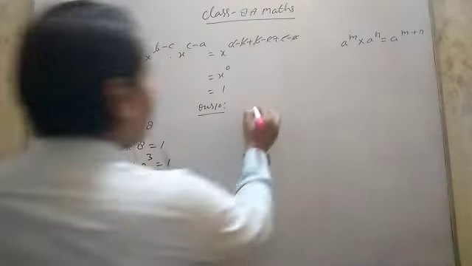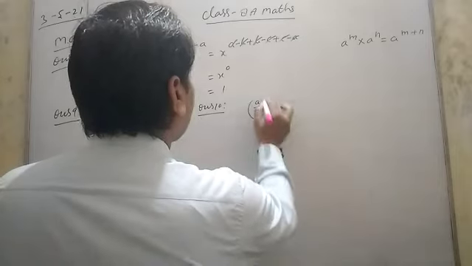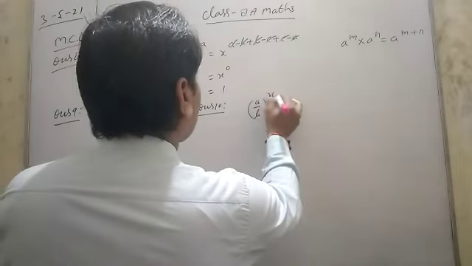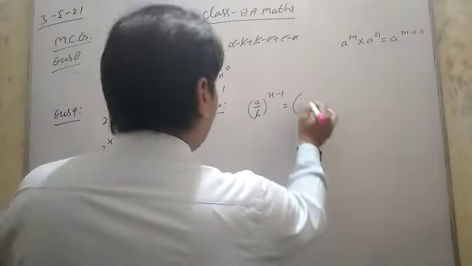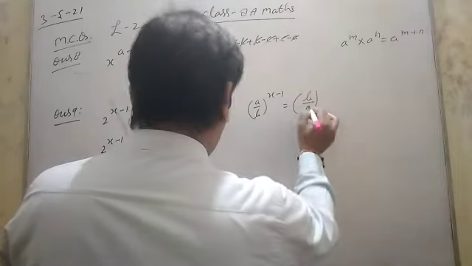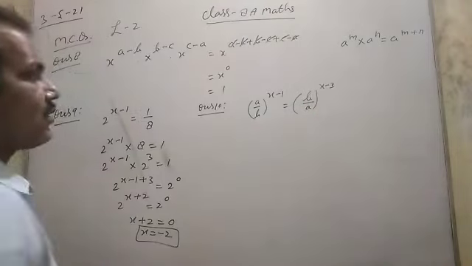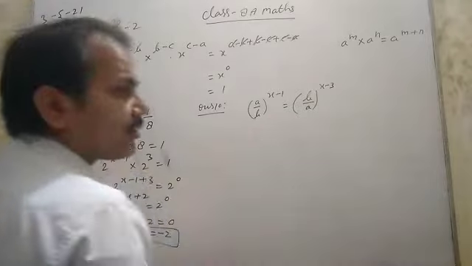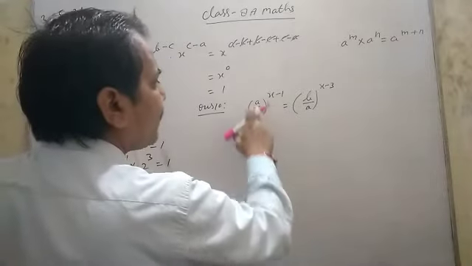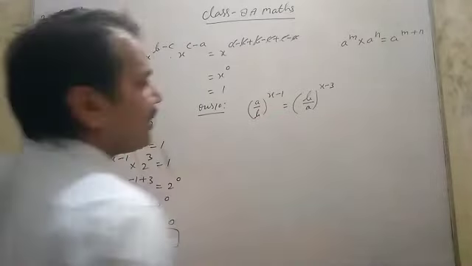Okay. So a by b power x minus 1 is equal to b by a power x minus 3. Then x is equal to. So here, okay, bases are different, a by b and here b by a.